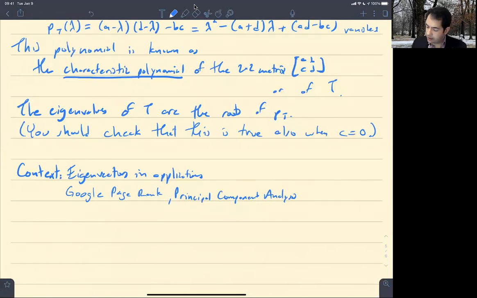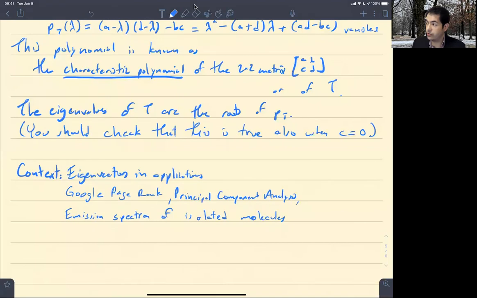Okay, and then the last application I want to mention where eigenvalues and eigenvectors show up is the emission spectra of isolated molecules. As you've probably heard, in physics, it turns out that different elements have different emission spectra.